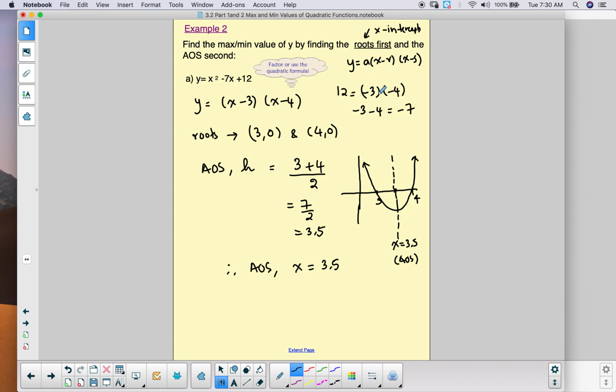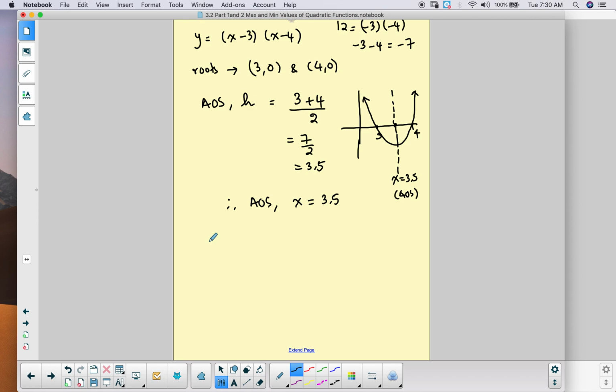But it says find the maximum or minimum value. So let's just do that. Let's put x equals 3.5 and we get y is equal to (3.5 - 3)(3.5 - 4). So that is equal to 0.5 times -0.5.